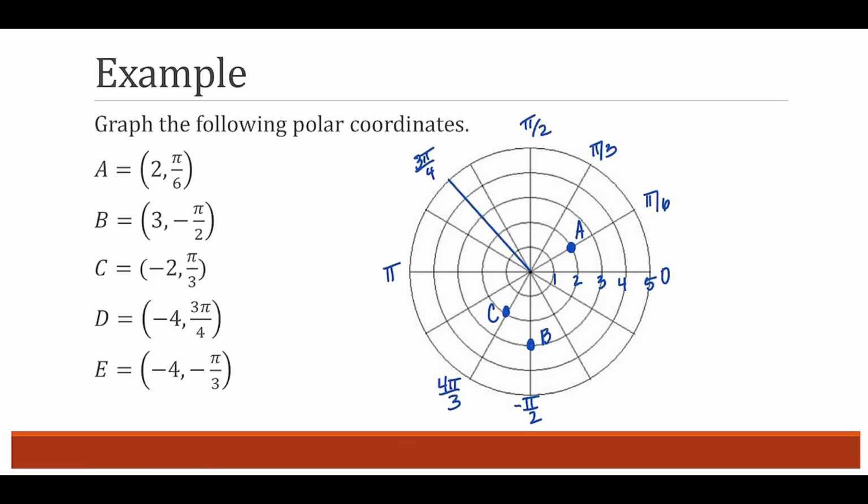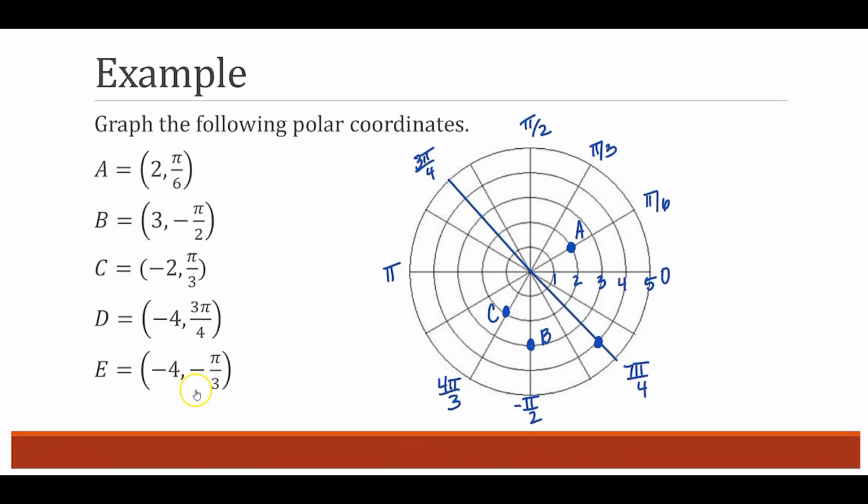I'm going to go in the exact opposite direction, which would actually be going towards 7 pi over 4, because my directed distance is negative. So I'm going to go ahead and go 1, 2, 3, 4 units towards 7 pi over 4 away from 3 pi over 4.